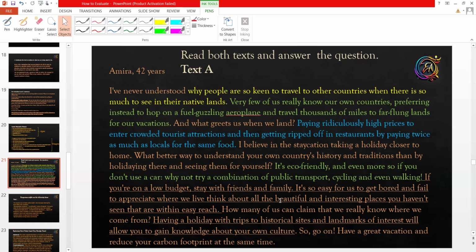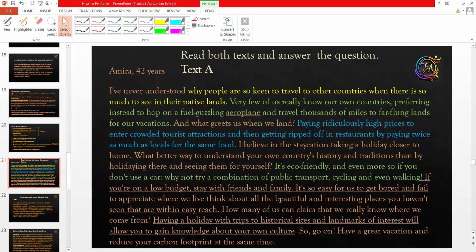I've never understood why people are so keen to travel to other countries when there is so much to see in their native lands. See, I have underlined, or you can underline it, okay?